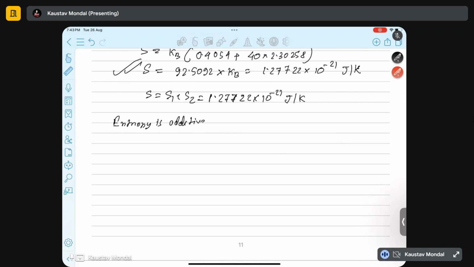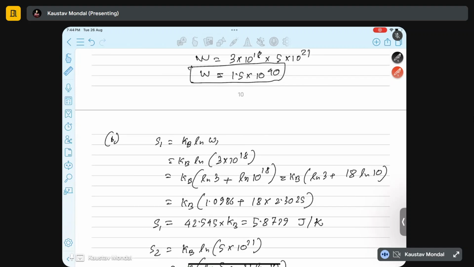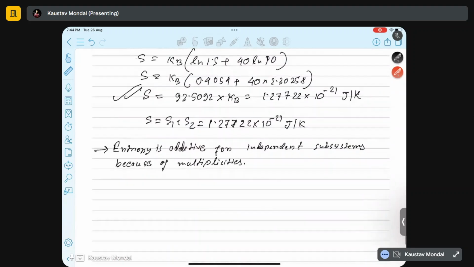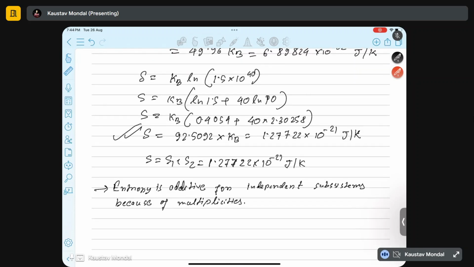So entropy is additive for independent subsystems because of multiplicities. This is a property of entropy you can use.